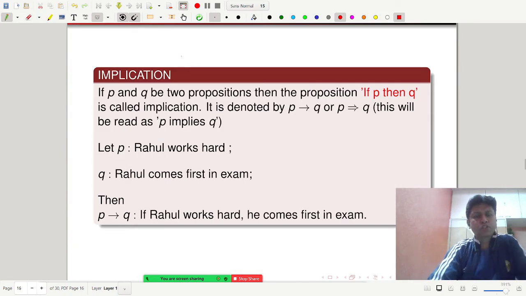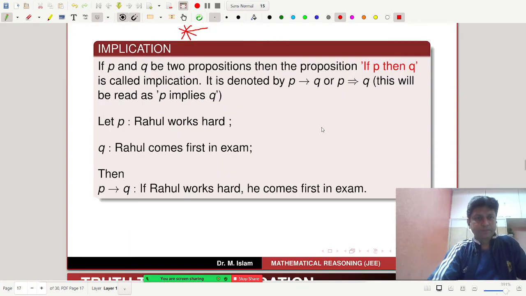Implication is the most important of all the connectives. If P and Q are two propositions, then the proposition "if P then Q" is called implication, and it is denoted by P arrow Q, an arrow or a double arrow.